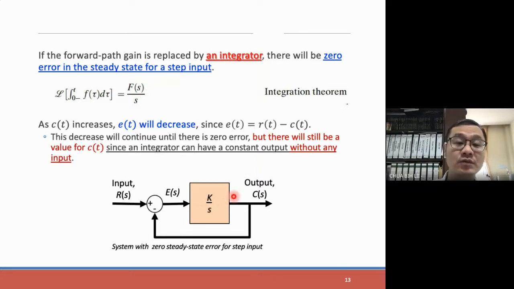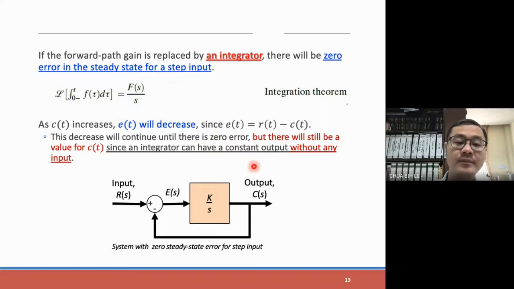It would cause the output to increase when the error decreases. When the error continues to decrease, the output will increase. So it is like inversely proportional now. The decrease will continue until zero error is achieved.